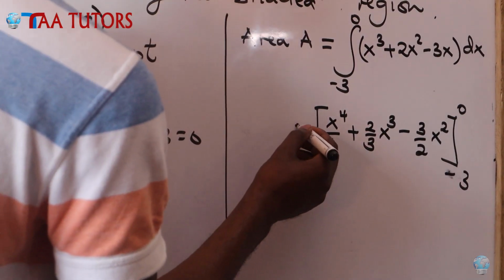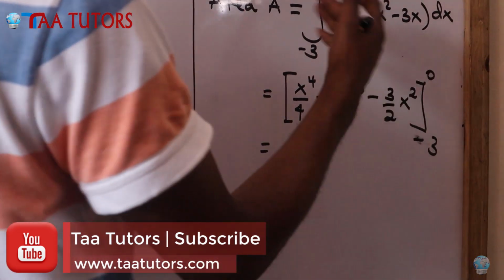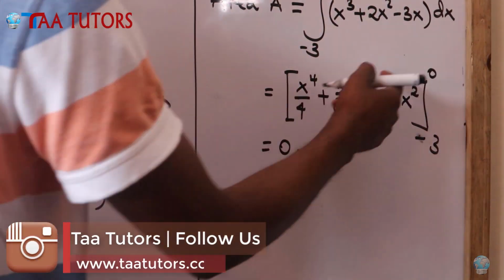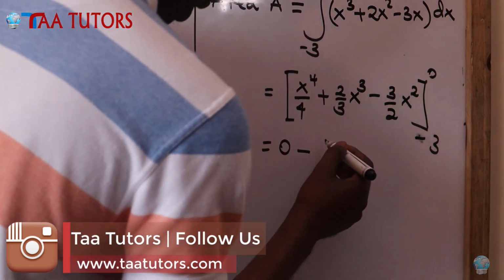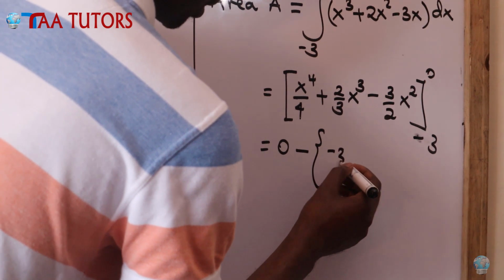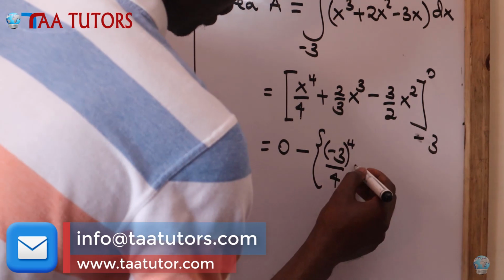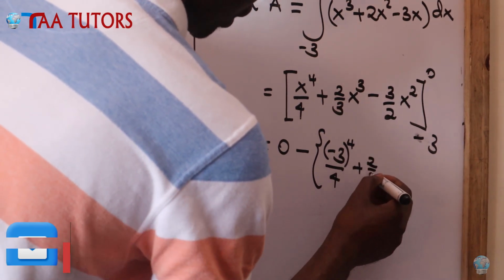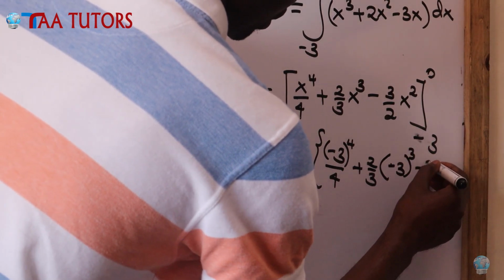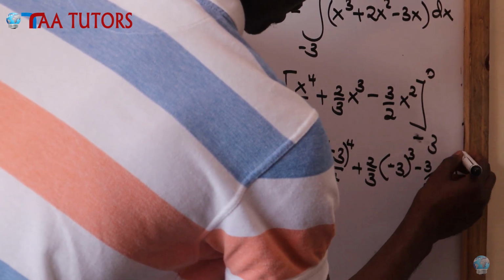Moving forward, we substitute. When I substitute 0, everything will be 0, so I'll say this is 0 minus, in bracket, negative 3 power 4 over 4 plus 2 over 3 into negative 3 power 3 minus 3 over 2 into negative 3 squared.